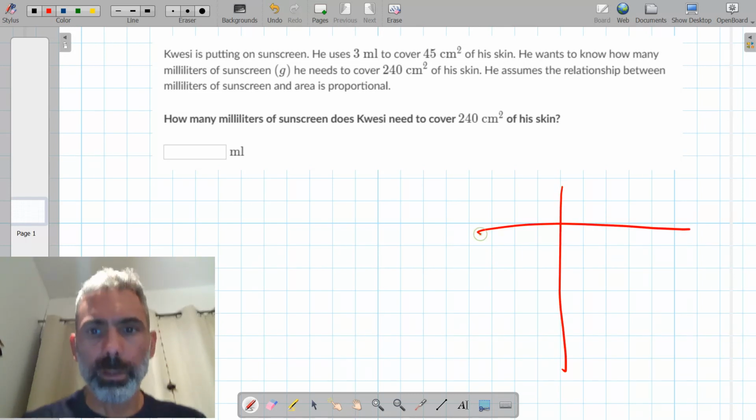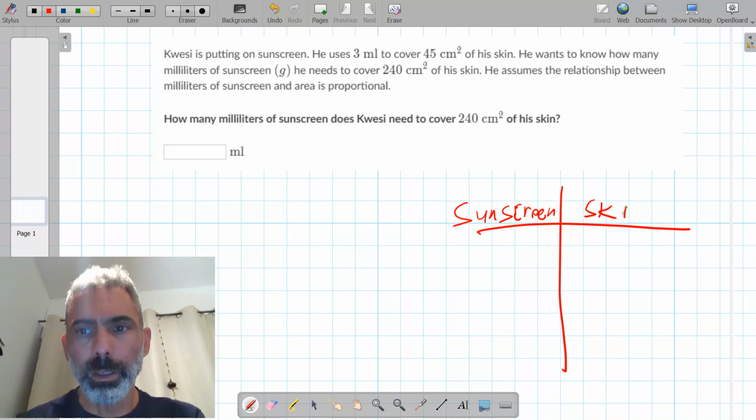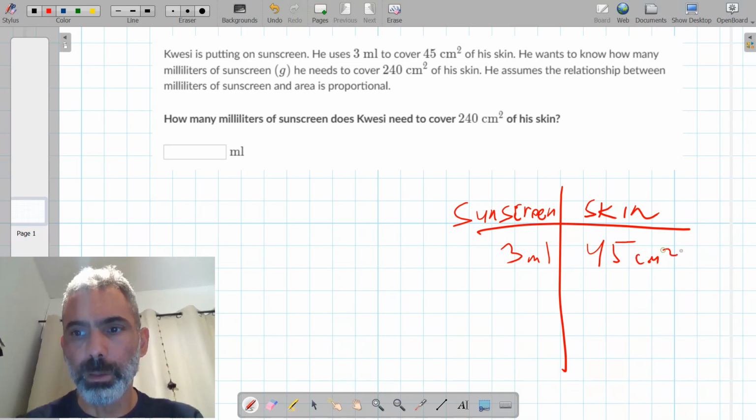Okay, so let's see. Sunscreen and skin. So 3 milliliters to cover 45 squared centimeters.